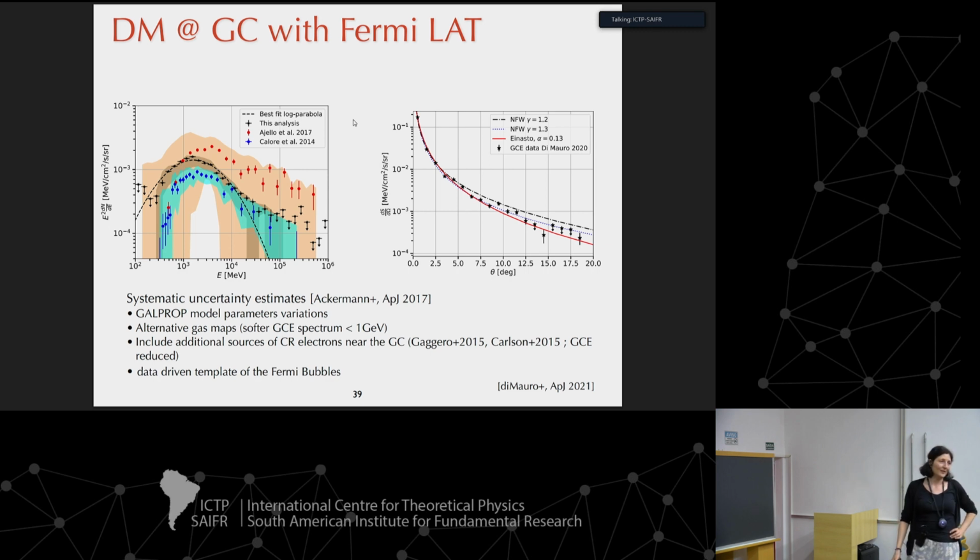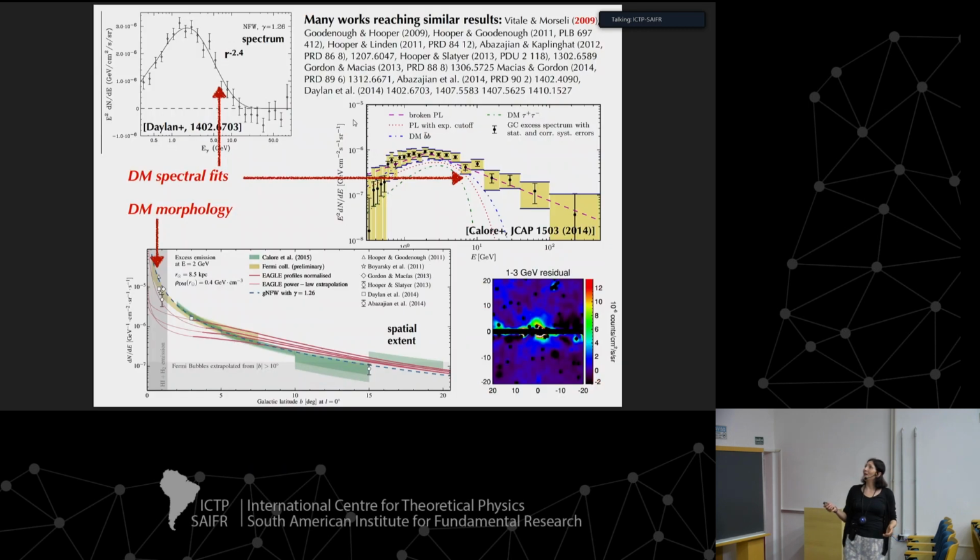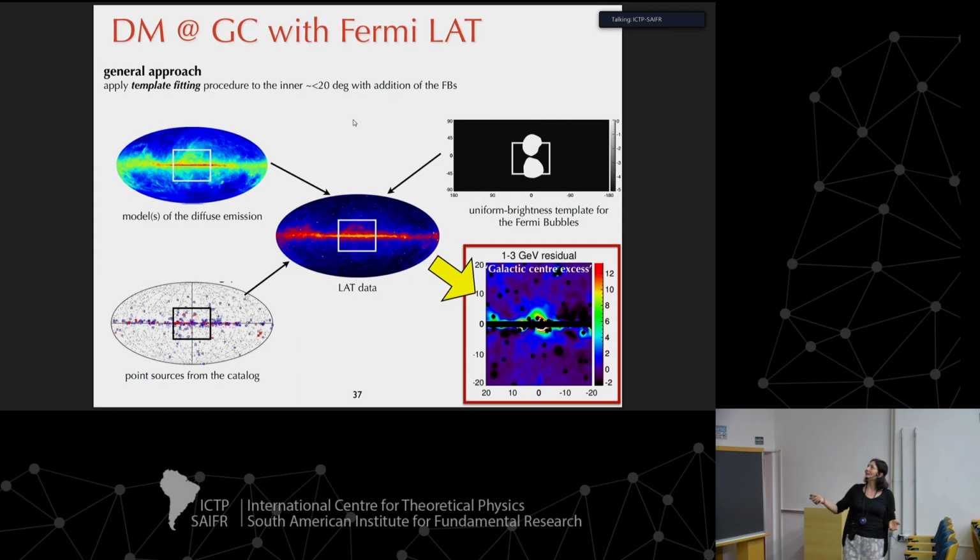The other thing was how much it impacts the result when you take the Fermi bubbles to be constant brightness. Does that change if you don't take it constant? This is a very good point, because not knowing the origin of the Fermi bubbles, how do you even define them? Maybe the Fermi bubbles have a little bulge here.